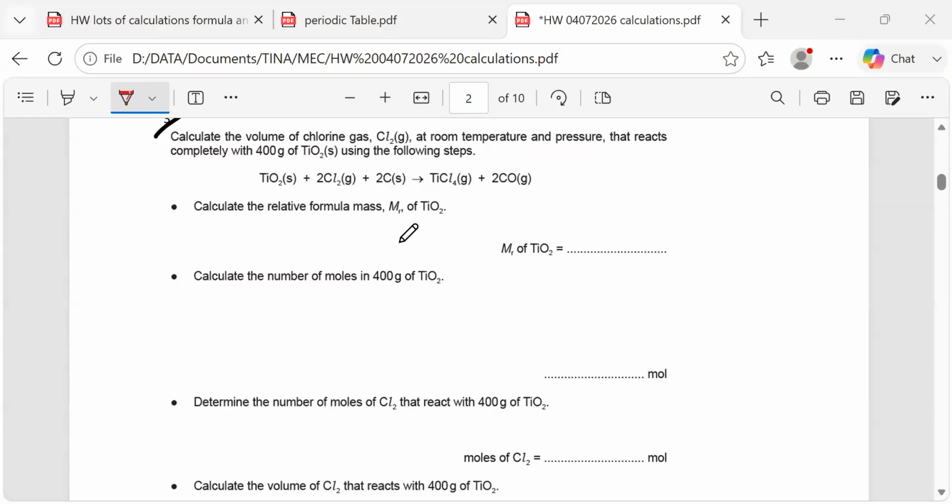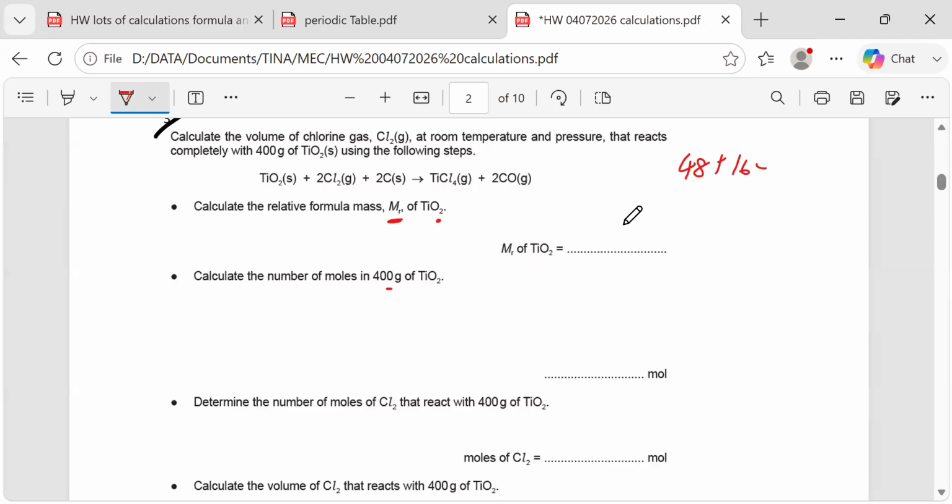R means relative mass. So you look at the periodic table and find titanium, oxygen, how much is the relative mass? 48 and 16. Then for this one, moles is mass, 400 over the molar mass. Did you find titanium in the periodic table? You know where I got the 48 from? Okay. So Ti is 48. Oxygen is 16. And how many oxygen do you have? 2.